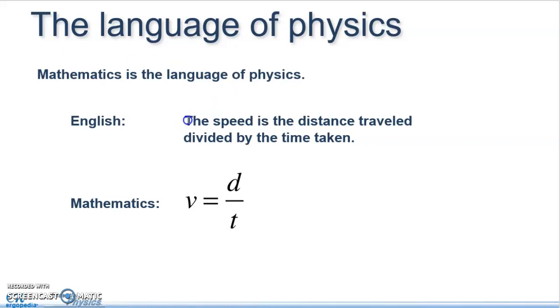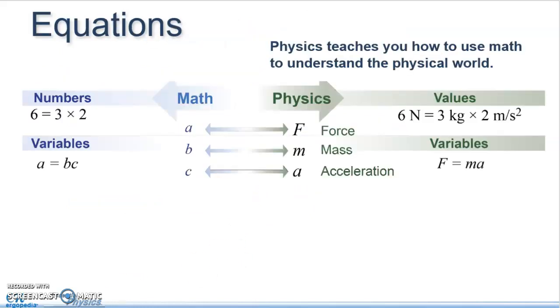So an English statement of this equation might say the speed is the distance traveled divided by the time taken, whereas the equation would be v equals d divided by t. Just to give you some comparisons, in a math class you might have said 6 equals 3 times 2, whereas in a physics class we're going to replace those pure numbers with quantities or measurements or values, and values, quantities, or measurements are going to have units unless they're ratios.